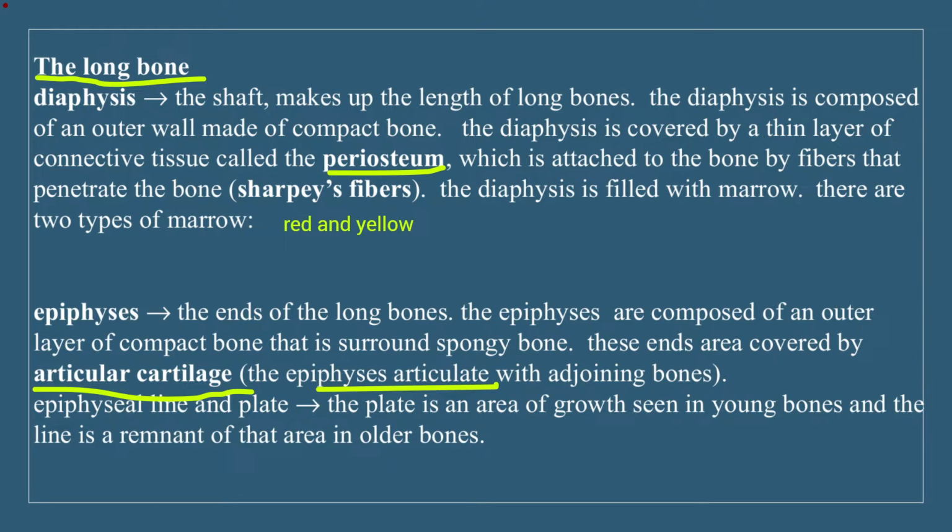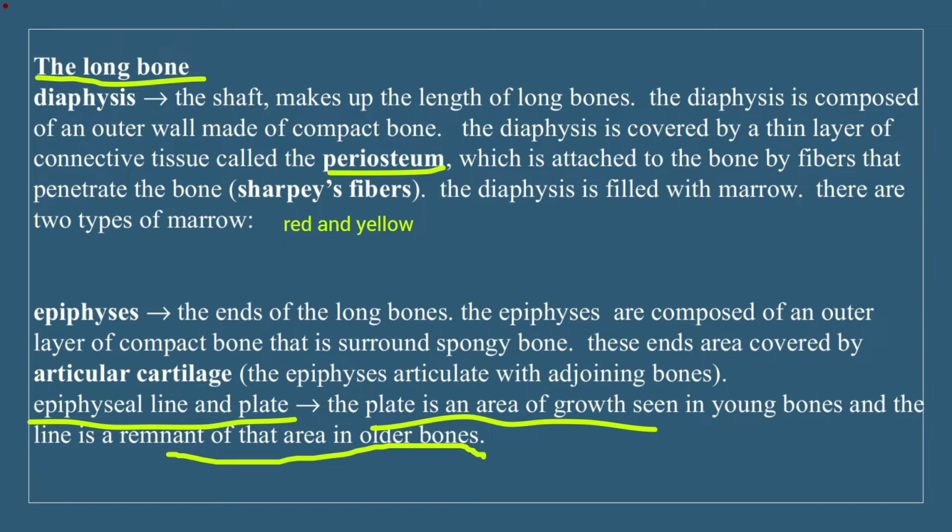Remember when we were talking about the anatomy, I said articulation is where they come together or join together. And then where the epiphysis and the diaphysis meet is the epiphyseal line or plate. Now, if the individual is still growing, that is a plate. If they are done growing, then it's a line. Okay, so the remnant of that area is a line.